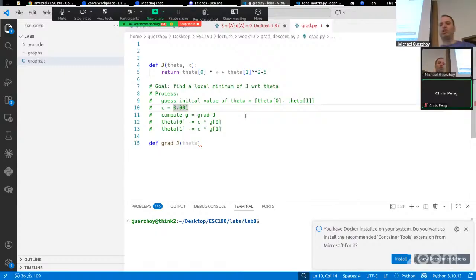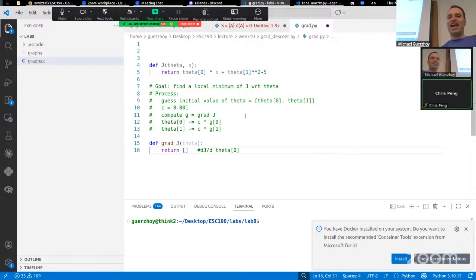So here, what we can do is we can just literally compute it. It's not hard. So what's the gradient of J? Well, the partial derivative with respect to theta 0 is what? So I have this formula for J, and I want the partial derivative of J with respect to theta 0.